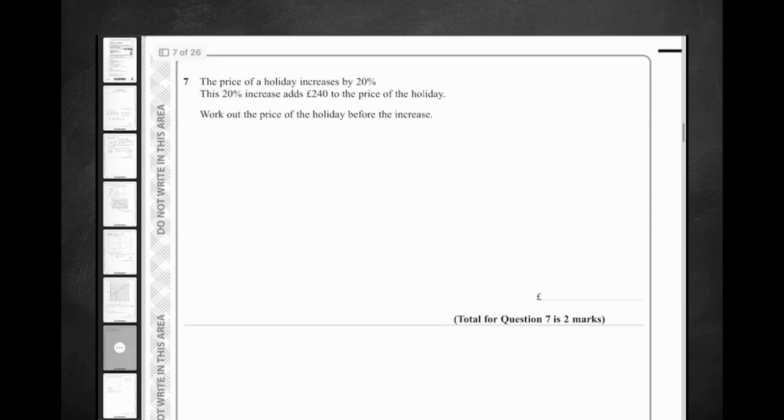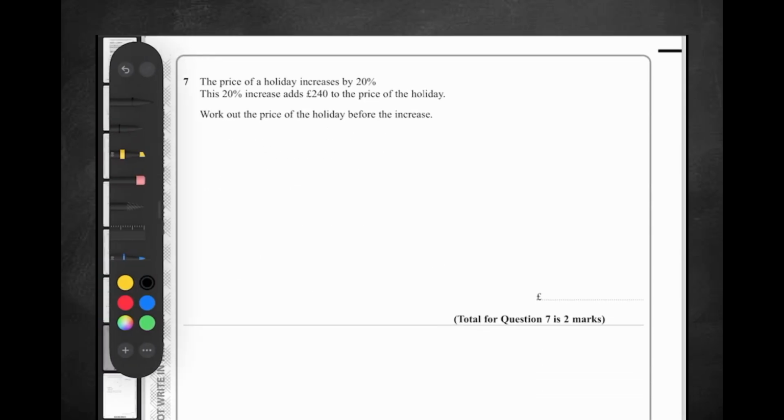And question 7. The price of a holiday increases by 20%. This 20% increase adds £240 to the price of the holiday. Work out the price of the holiday before the increase. So, price of the holiday plus 20% equals price of the holiday plus £240.